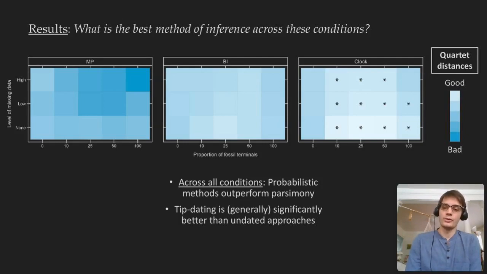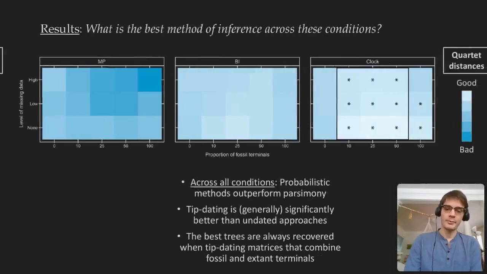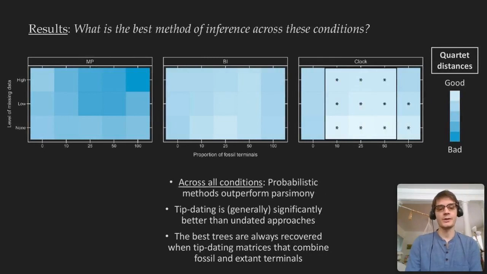Under all of those, incorporating stratigraphy and tip dating outperforms undated approaches. But maybe more importantly, we find that the best trees across all conditions are always found when we tip date matrices that contain a combination of both fossil and extant terminals. So neither entirely fossil sampling, nor entirely extant sampling, but a combination of the two seems to be the golden ticket.